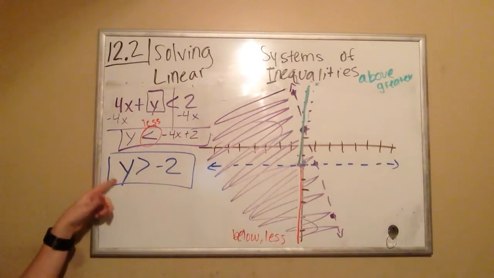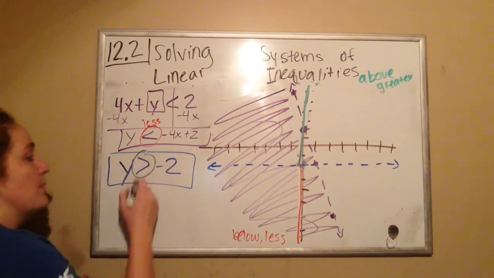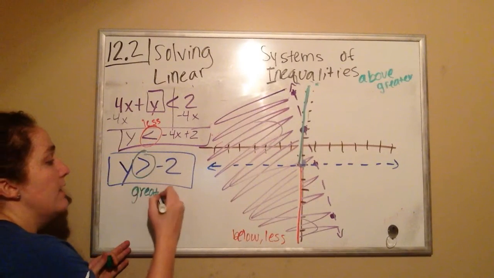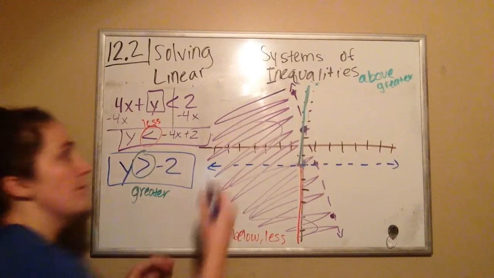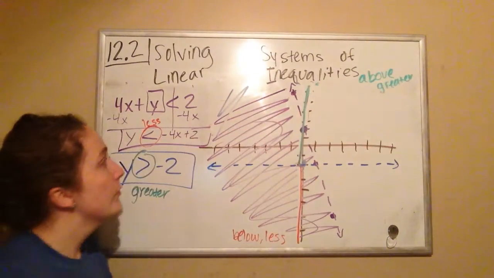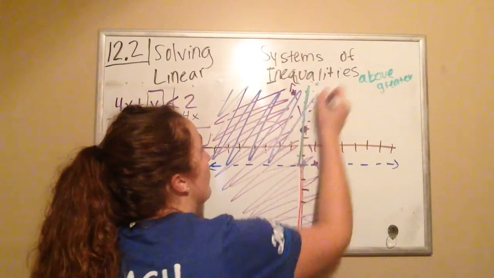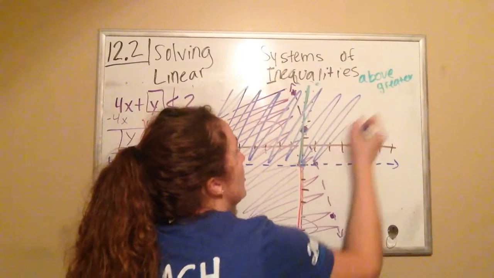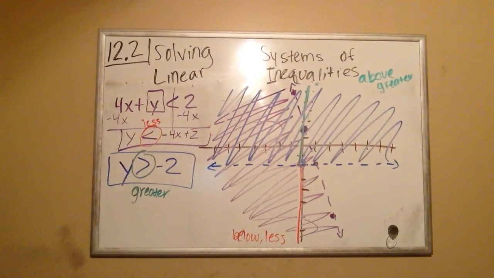Okay, when I read this, it says y is greater than negative 2. So that means that we are going to shade the side that is greater than the line. So we're shading in blue, greater than. And I'm going to look, remember, at the part where both the purple and the blue are overlapping.